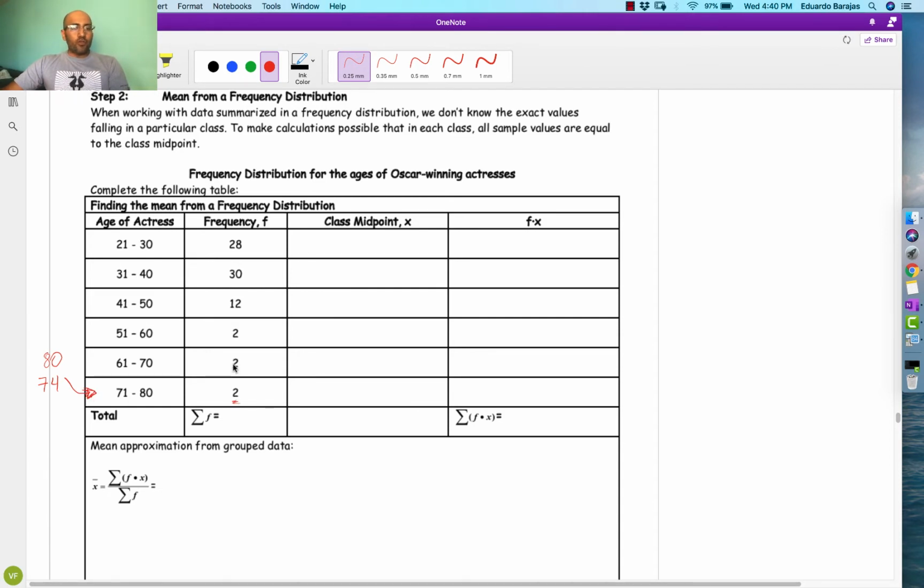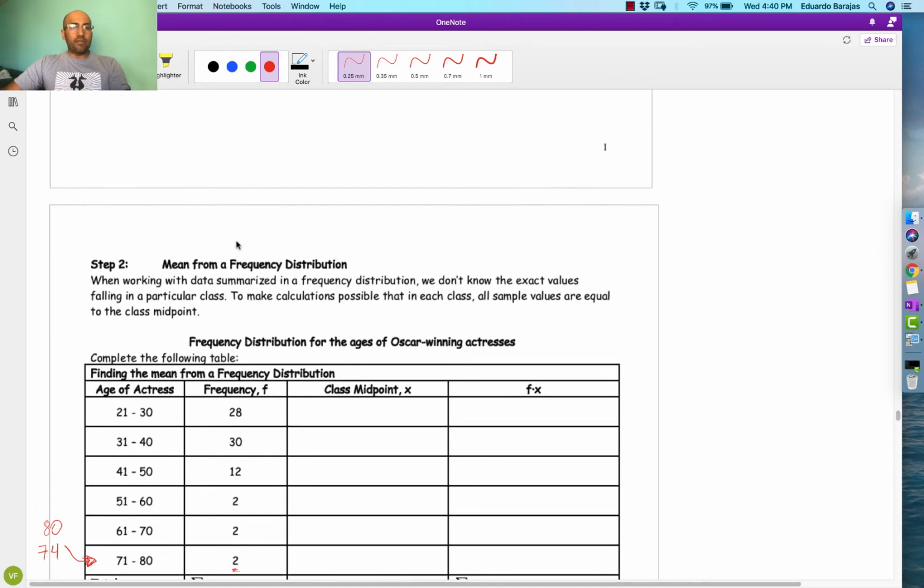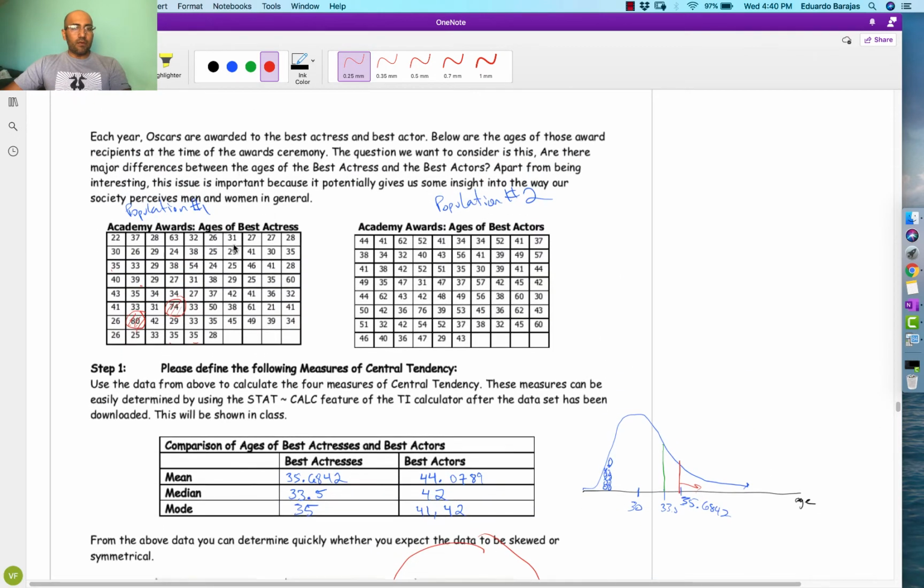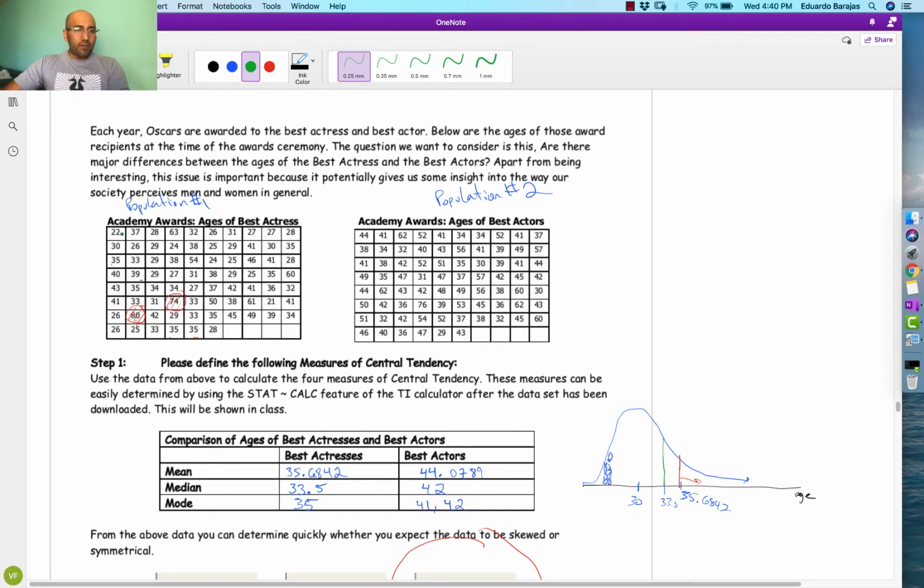Good. There were also 2 that were in the 61 to 70. Let's find them. 61 to 70.